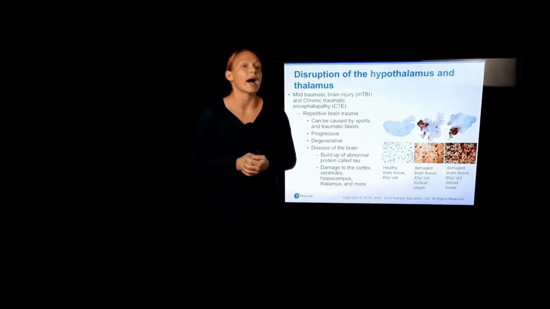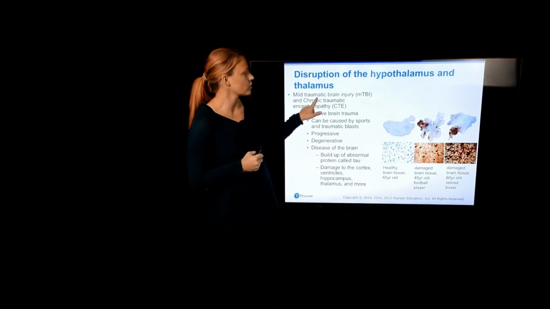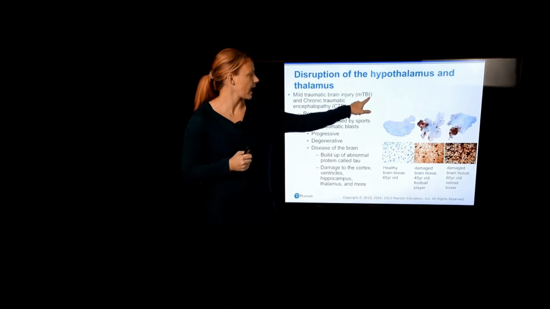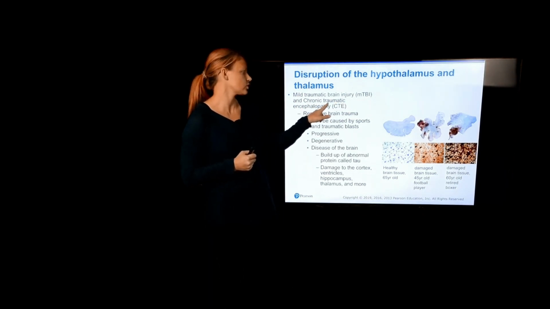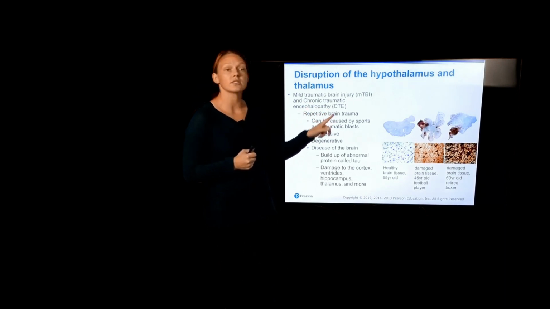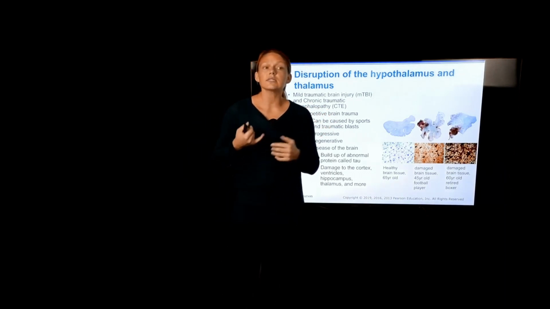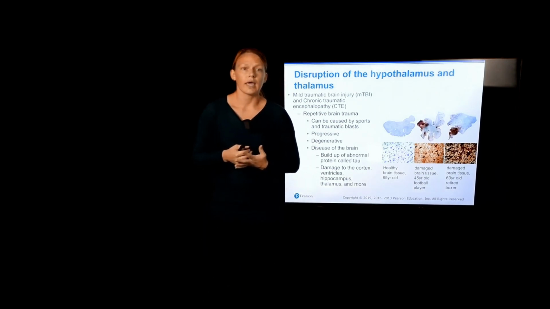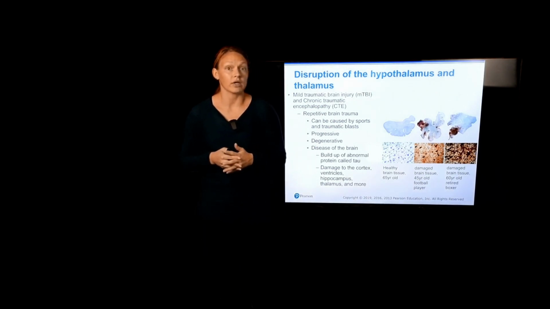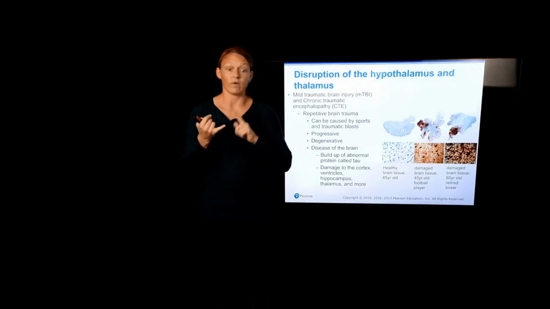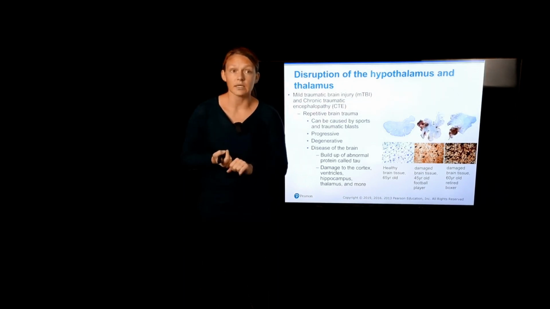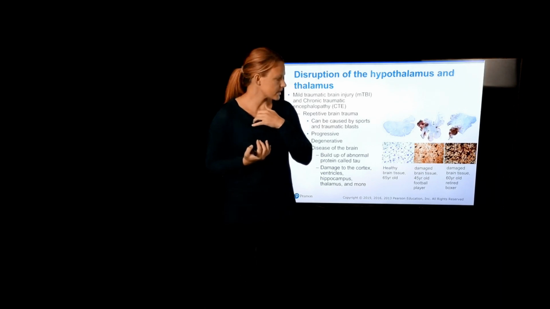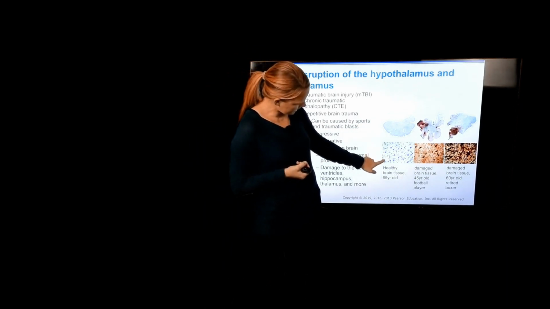One of which is mild traumatic brain injury, MTBI, as well as chronic traumatic encephalopathy, CTE. This can result from repetitive brain trauma. And we often think of this in contact sports, right? Things like football, boxing.